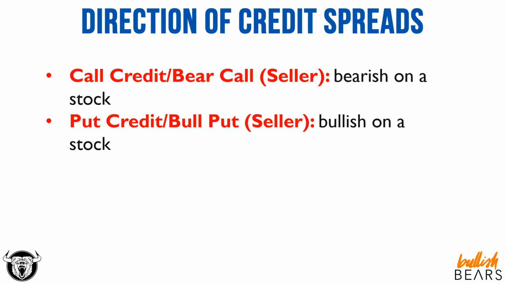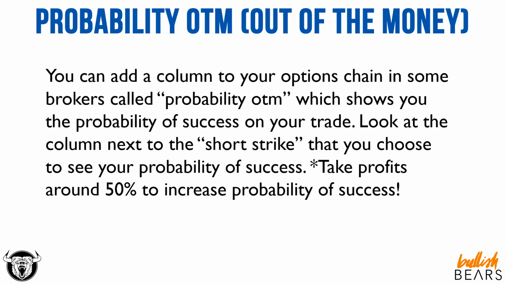Now I want to talk to you about something called probability of out of the money, or OTM. You'll see the term OTM, which just means out of the money. You can add a column to your options chain in some brokers, called probability OTM. You've got to check with your broker to see what they call it.